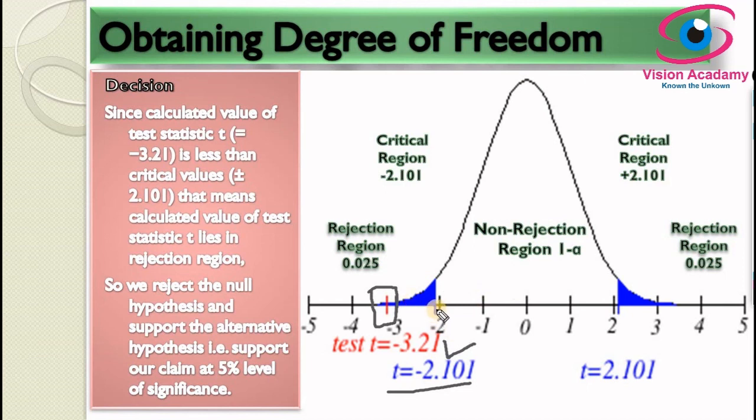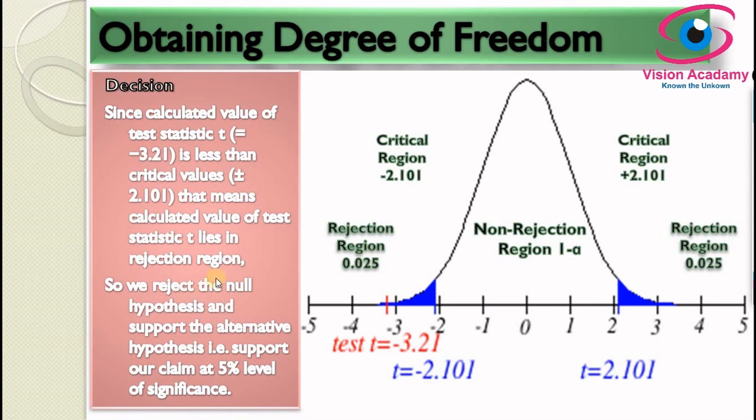And here our critical value ends, and on both sides it ends at the green shaded area. So we can arrive at a decision: since the calculated value of the test statistic, minus 3.21, is less than the critical value of minus 2.101, because it is beyond the critical region, our test statistic t lies in the rejection region.